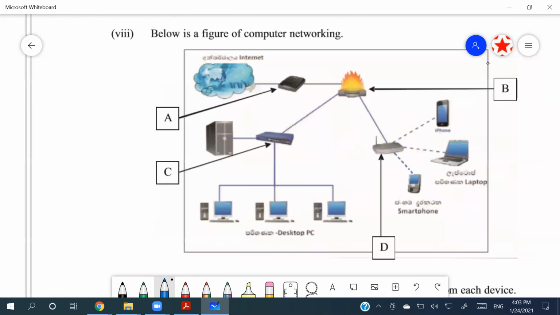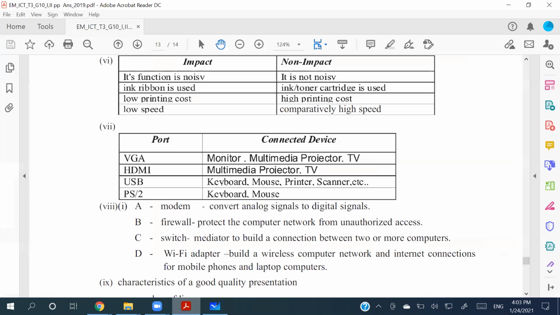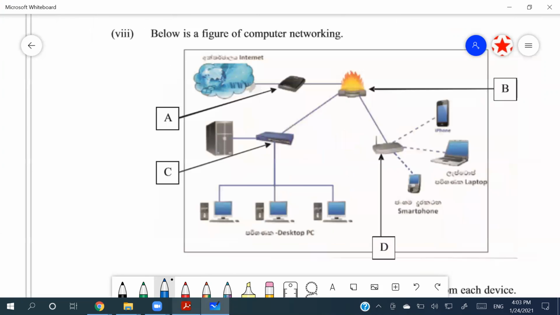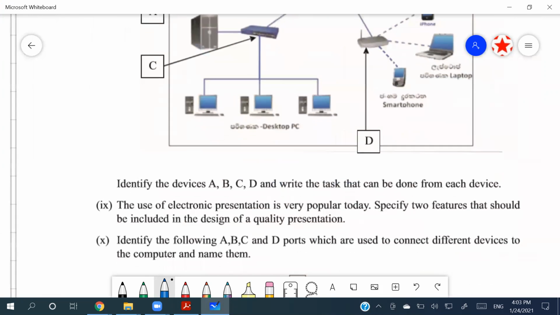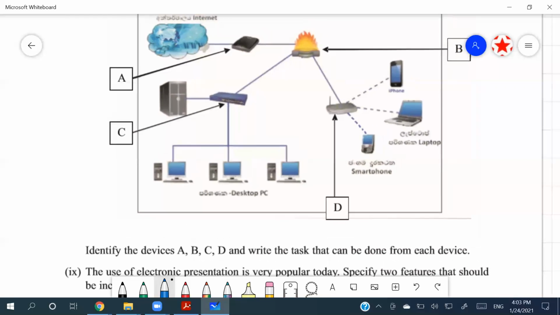Below is a figure of computer networking, and they're asking what A, B, C, and D are. A is a modem, B is a firewall, C is a switch, and D is a Wi-Fi adapter. Identify the devices and write the task that can be done for each device. So you have to tell the task as well.